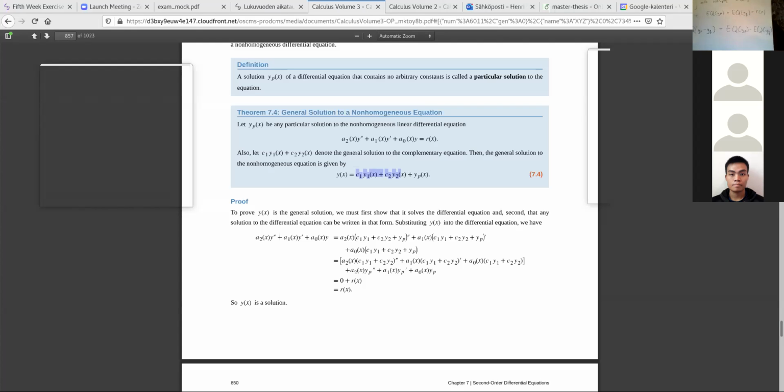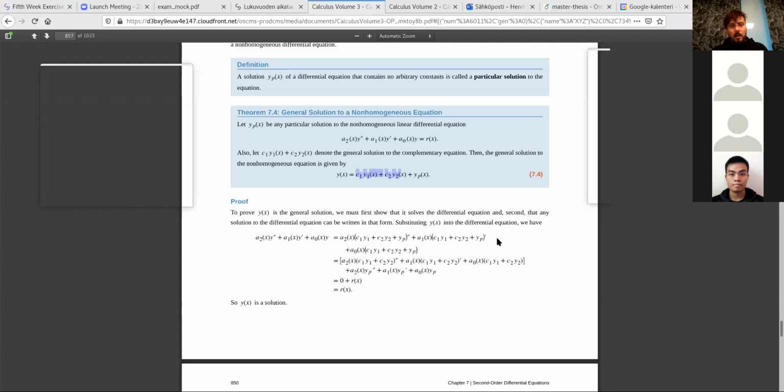Because it's linear, we can do this, and that's going to be 0 because both are R(x). So if we take the difference here, in fact, their difference satisfies this equation where the right-hand side is not R(x), but it's 0, right? And hence, it is a solution to the generic equation, the complementary equation, the homogeneous version.